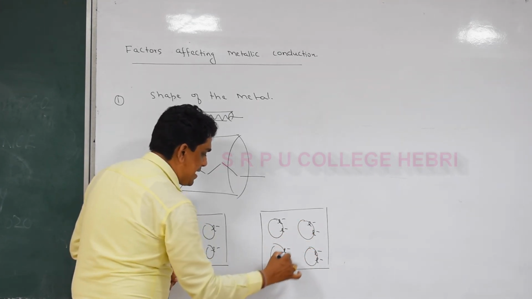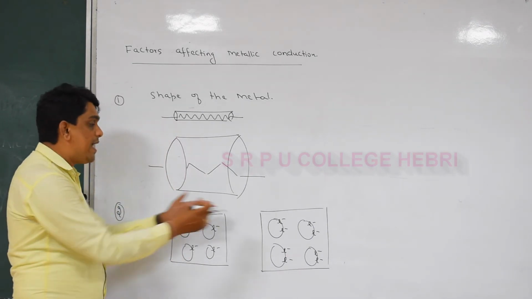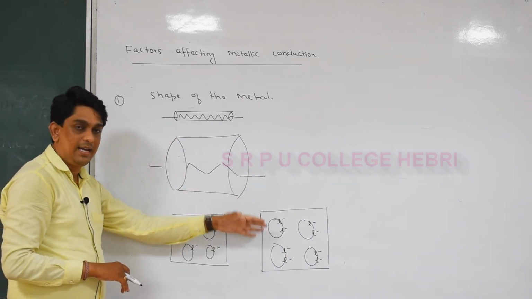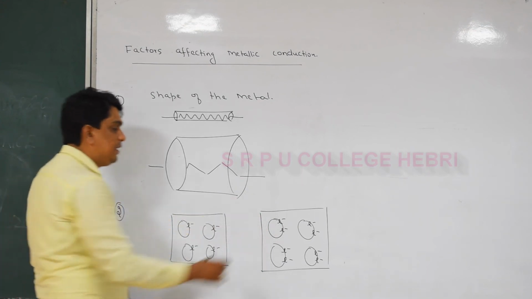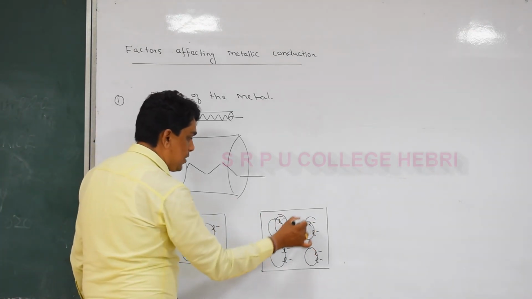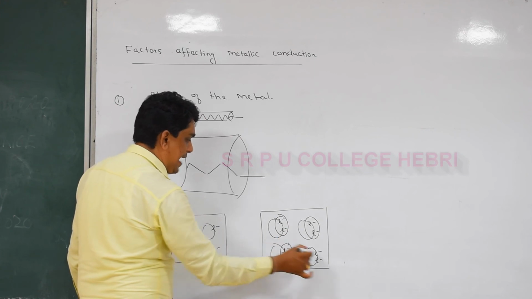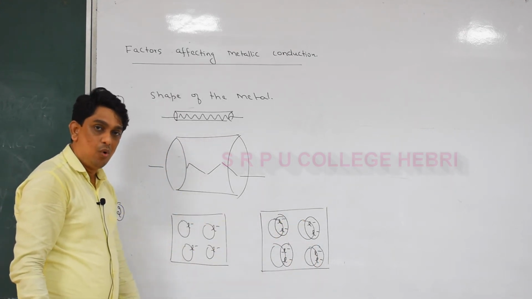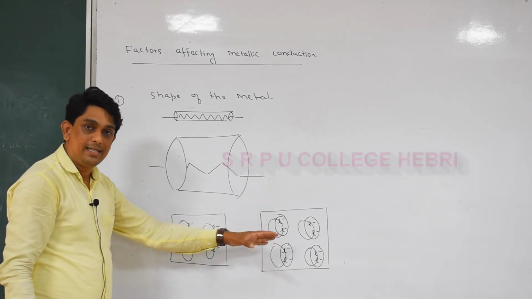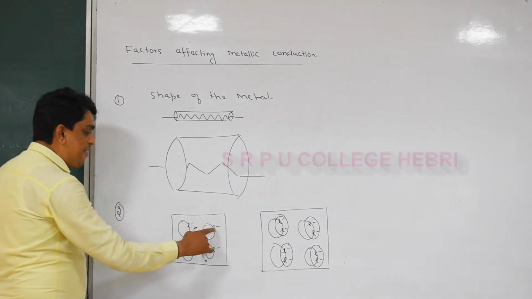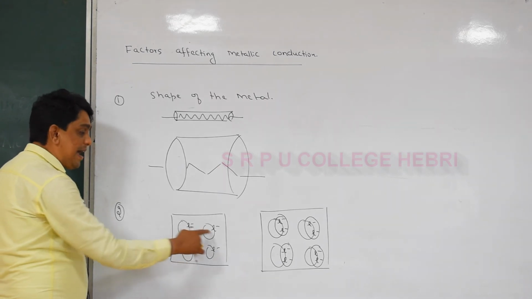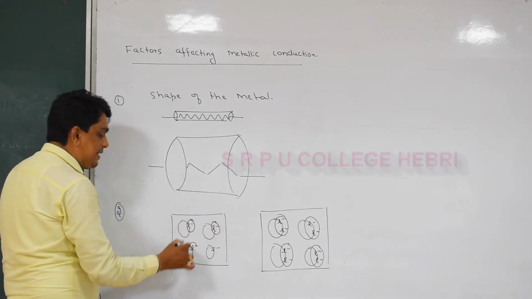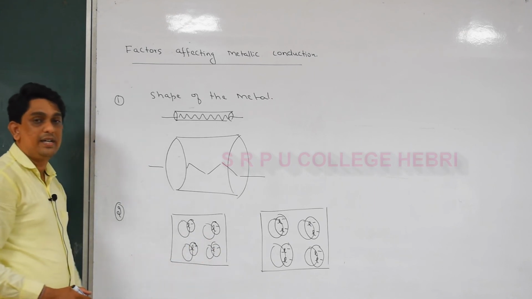Now you can just make out where metallic conduction is more. It is obviously in the second sheet, because the number of electrons in the valence shell per atom is more, electronic conduction is more, metallic conduction is more. Number of valence electrons per atom is less, electronic conduction is less, metallic conduction is less.